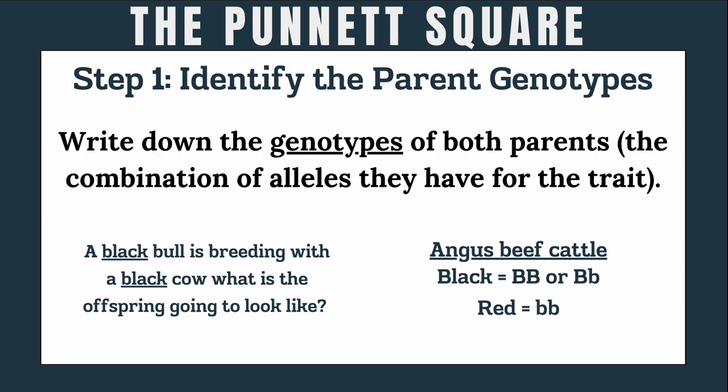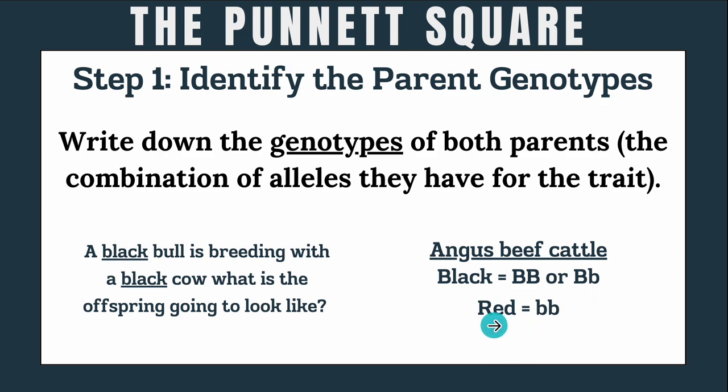Step one of using this Punnett square would be to identify the parent genotypes. So you're going to write down the genotypes of both parents, the combination of alleles they have for the trait. So here's an example. A black bull is breeding with a black cow, and what is the offspring going to look like? If we go over here, we can see that a black bull can be either BB or heterozygous, uppercase B, lowercase b.